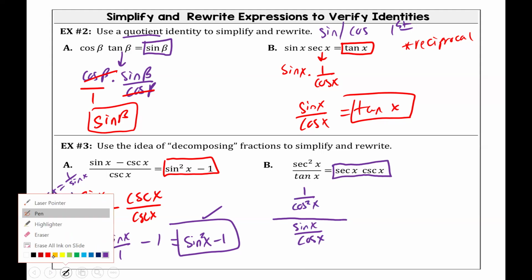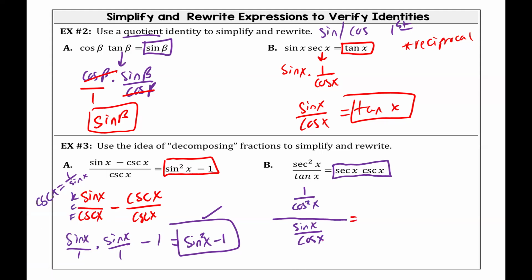Now that I have everything in terms of x's and y's, we're now going to just follow normal algebra. How do we divide fractions? Keep, change, flip. We multiply by the reciprocal. So we have 1 over cosine squared x times cosine x over sine x. What happens? What eliminates?